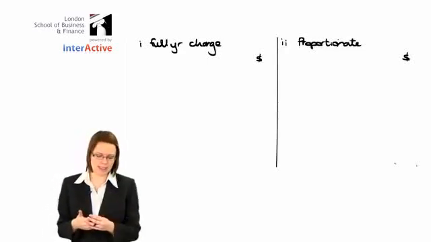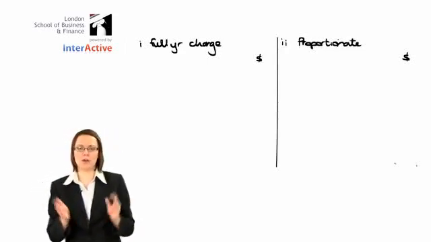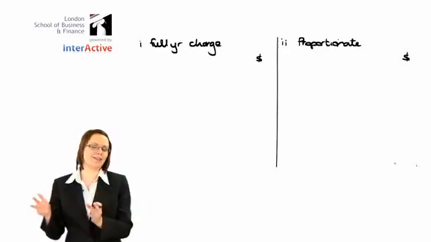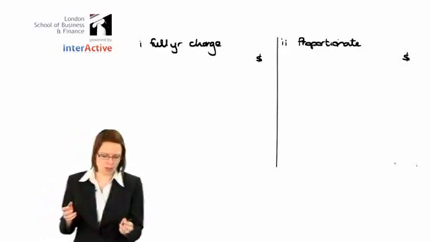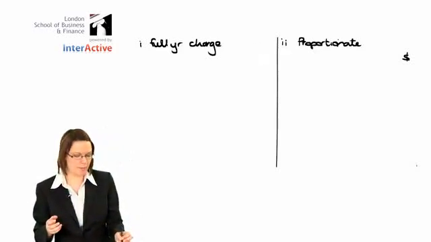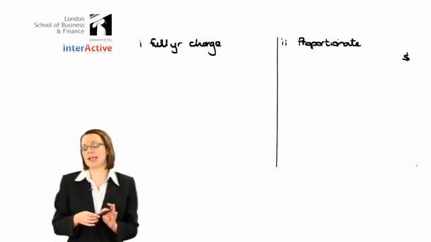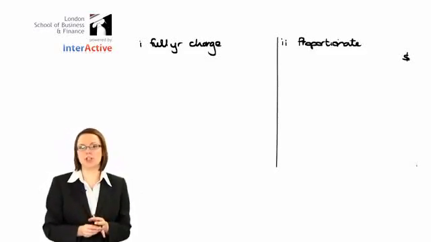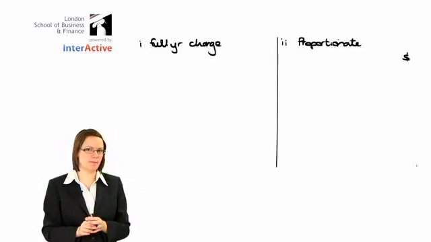Now, as you can see, I've done a piece of paper and divided it into two for the first requirement and the second requirement. I'm going to start with the first requirement first, and we're going to calculate the depreciation charge with a full year's worth of depreciation in the year of acquisition.